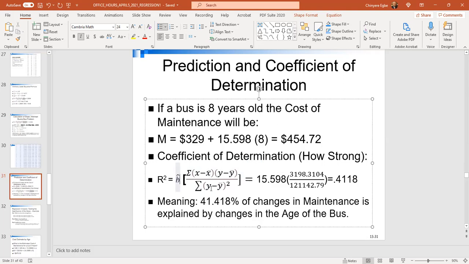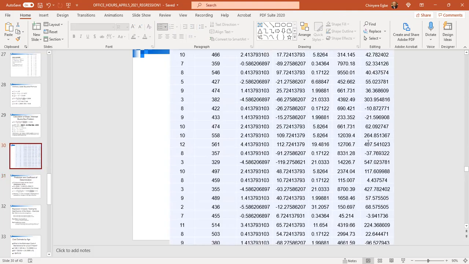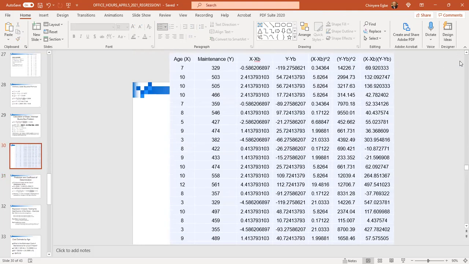We already have that, but we do not have y minus y bar squared. So we're going to find that, and that is what we're going to do next. So I'm going to calculate y minus y bar squared. It's already here, but we're going to do it again.